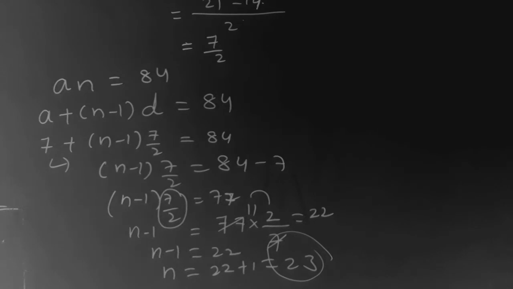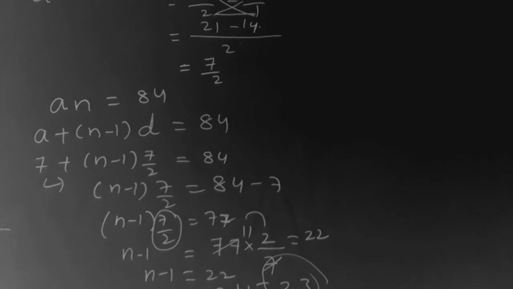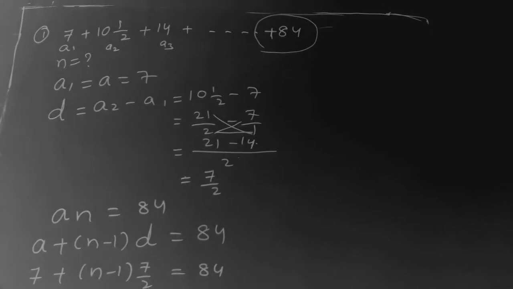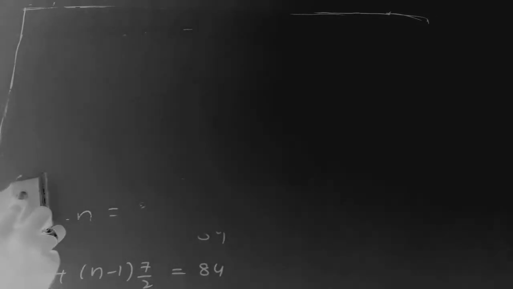Now we have to find the sum. So we use the formula Sn is equal to n by 2, 2a plus n minus 1 into d. So using that formula, we are going to find the sum. So what is the formula? Sn is equal to n by 2, 2a plus n minus 1 into d.